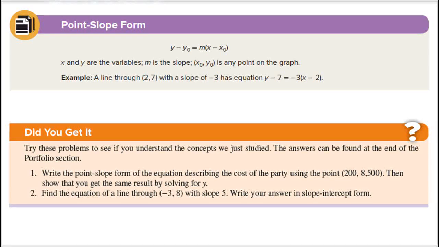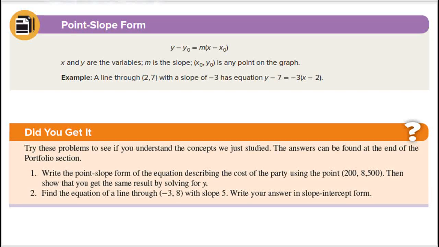So if we're given a point, we're given the slope. And there are a lot of stories where we have a slope and we're given a point. It's easy to just plug those numbers into the point slope form. If you want to use the y equals mx plus b form, you have to calculate the b, which you can do the way we did before.